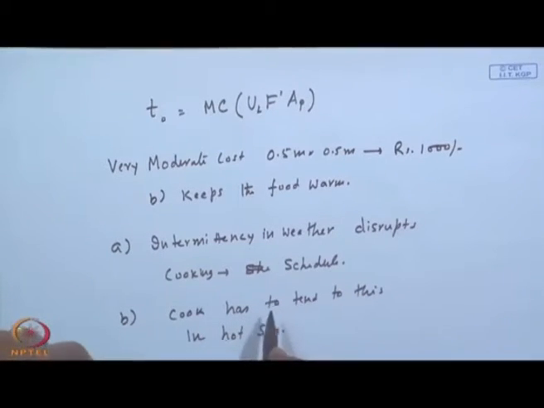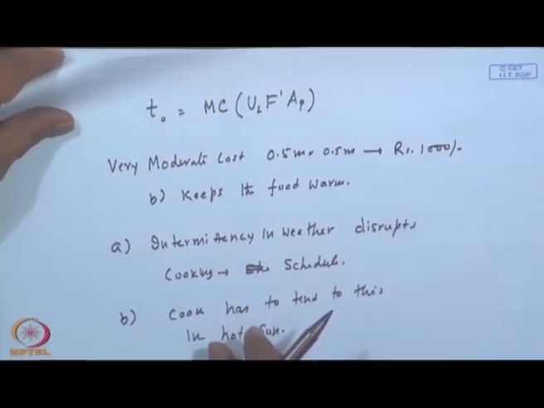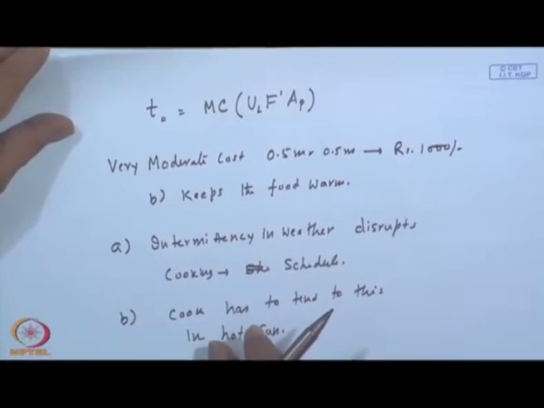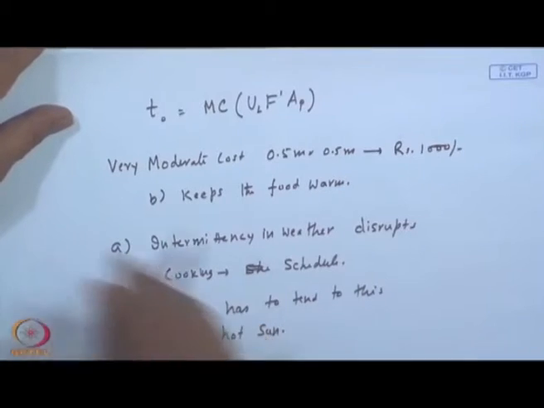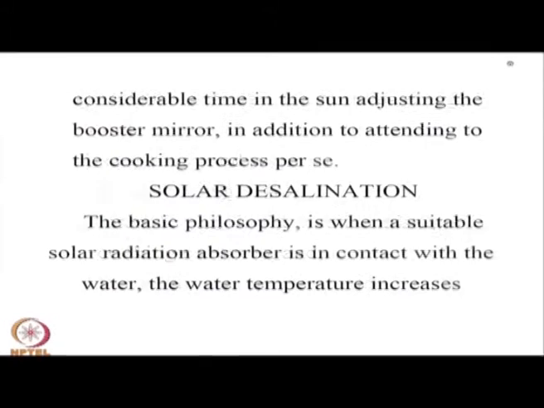When it is working nicely, and if you want to adjust, even if it is once in 5 minutes, you can't take a chance. Possibly he has to spend some time outside moving it to the position where there is no shadow and changing the tilt of the mirror booster so that the reflected radiation will fall on the solar cooker.